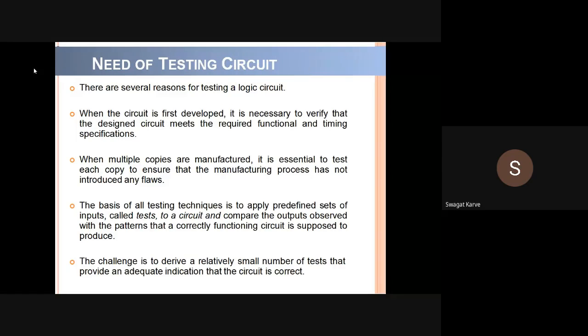Now you have to manufacture the multiple copies of that particular hardware or particular logic circuit. Now you have to test each and every circuitry to ensure that there is a flawless manufacturing process.